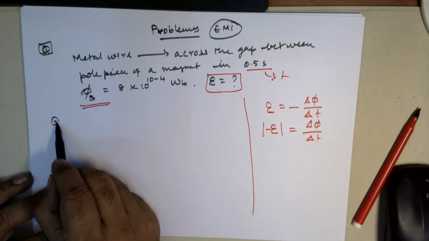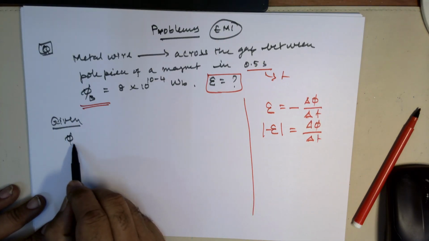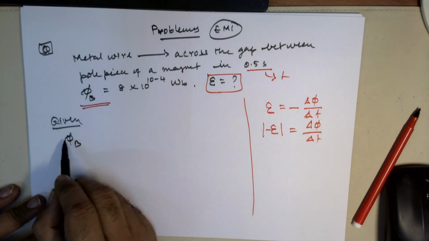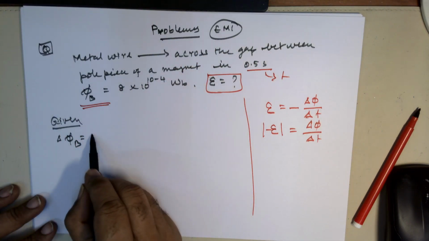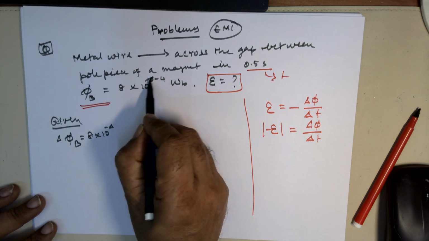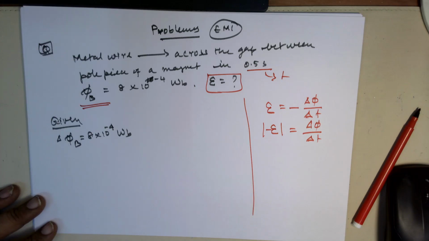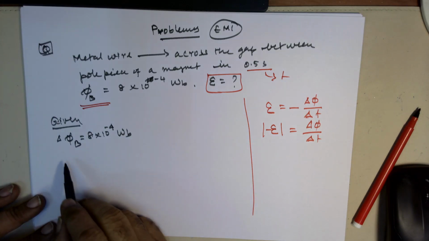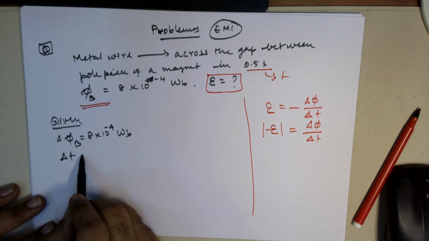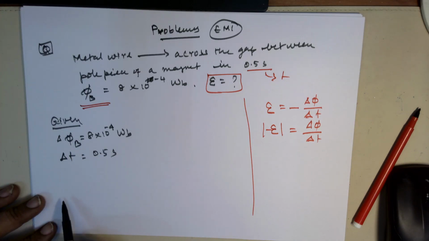What is given here? Phi B, the change, is given: 8 into 10 power minus 4 Weber. And the delta t, the time taken, is 0.5 second.